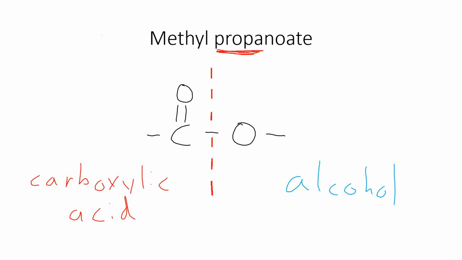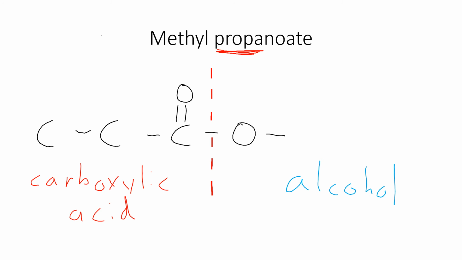I already have 1 carbon in place on that carboxylic acid side, so I don't need 3 additional ones. I need 3 total. So I'm going to get 2 more carbons in here. Now I have 3 total carbons on that carboxylic acid side of the molecule, matching that prop.